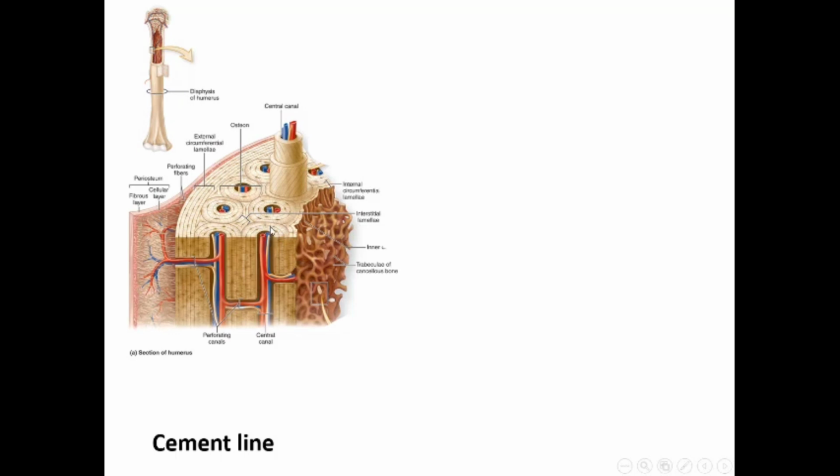Haversian lamella, and filling between the Haversian systems we have interstitial lamella. You can see this one. Actually, the interstitial lamella is the remainder of the old Haversian lamella that was digested by osteoclasts. It's the remaining part of the previous Haversian systems.